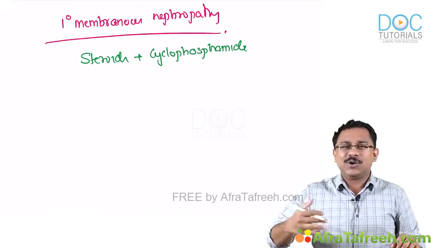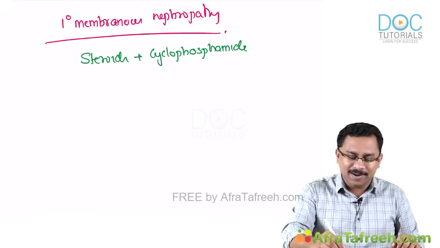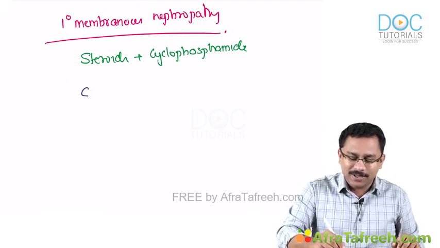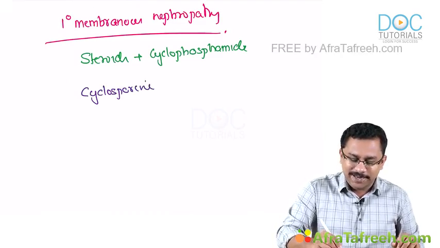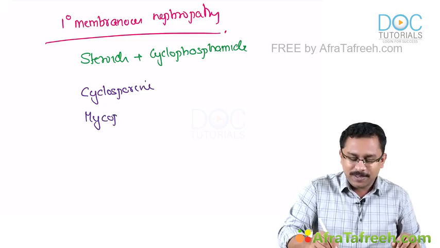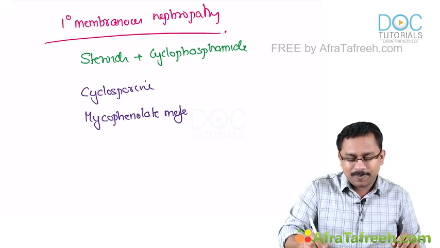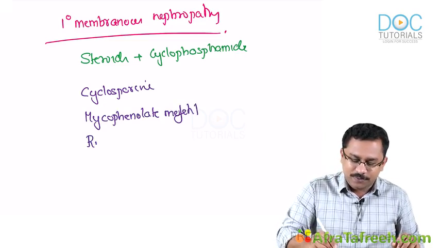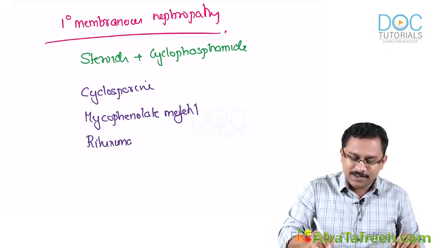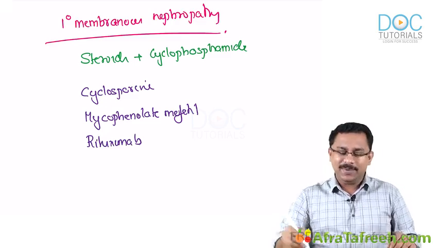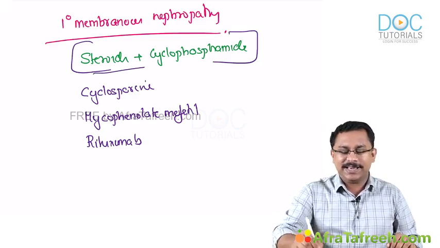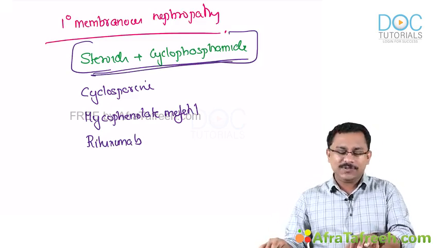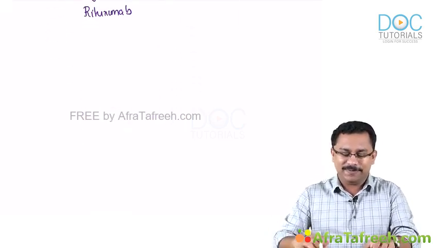You also have other agents that can be used, a calcineurin inhibitor like cyclosporin. You can also try mycophenolate mofetil, as well as rituximab. So these are the agents that can be tried, but the best efficacy is with the combination of steroids and cyclophosphamide, which is used for the treatment of primary membranous nephropathy.